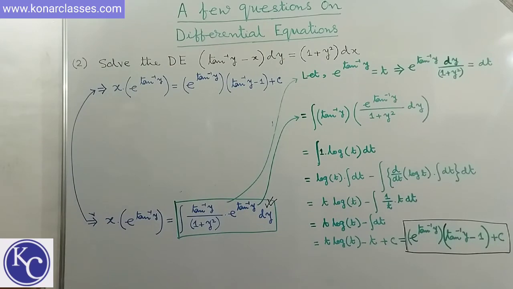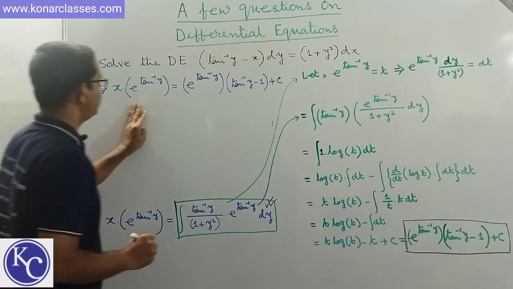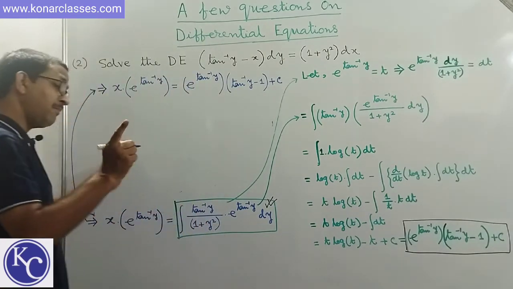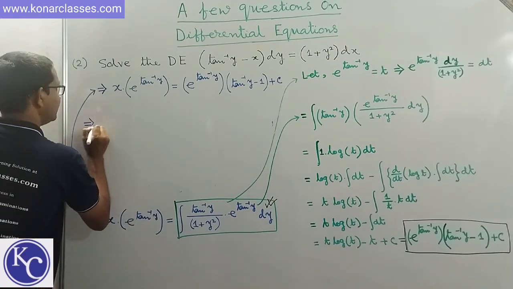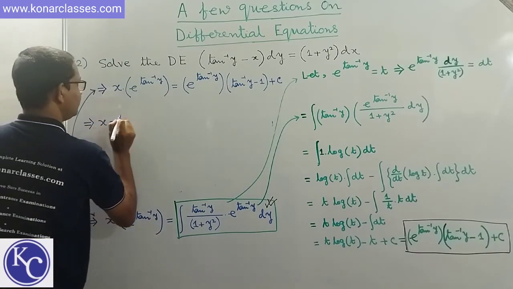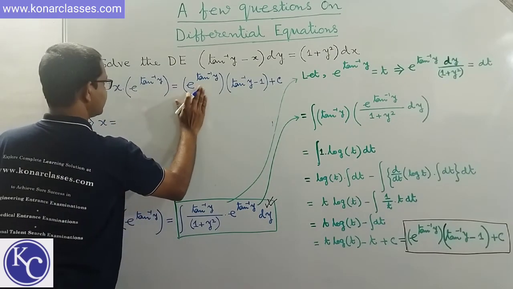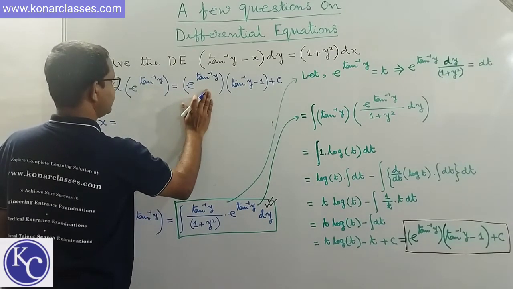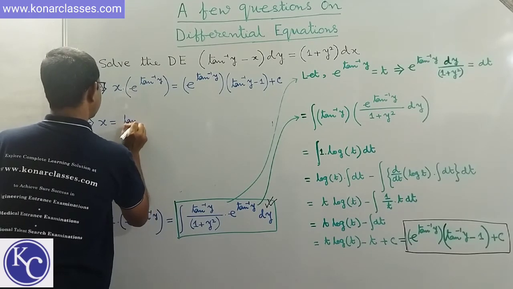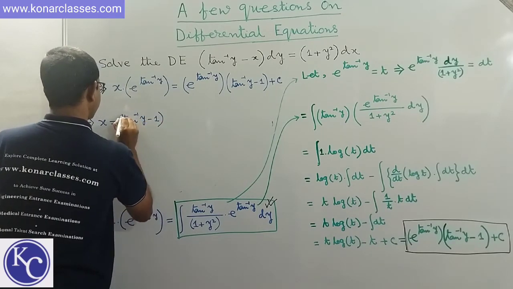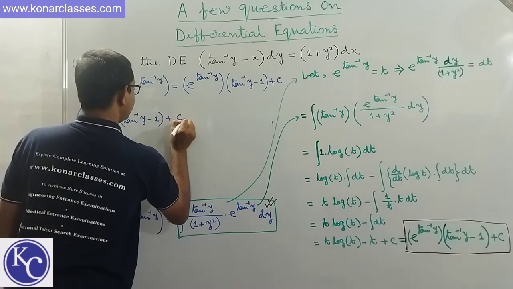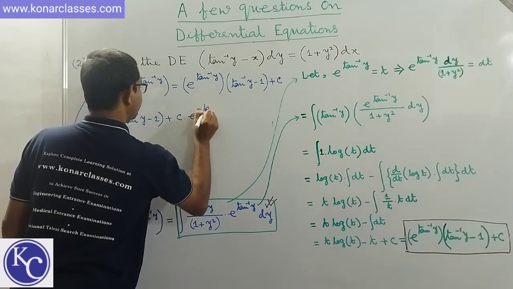Now we can multiply both sides by e power minus tan inverse y. Then we get x equal to e power minus tan inverse y times the bracket, so this gets cancelled, and we get tan inverse y minus 1 plus c into e power minus tan inverse y.